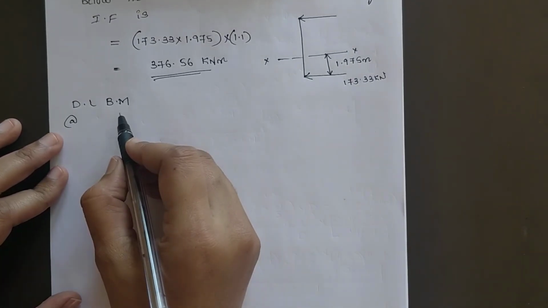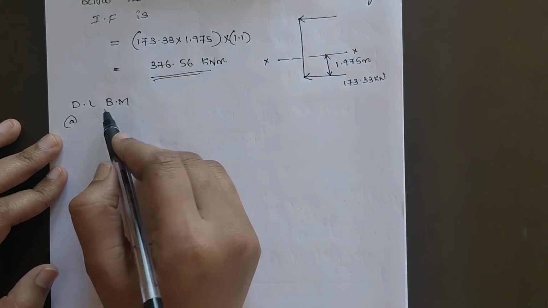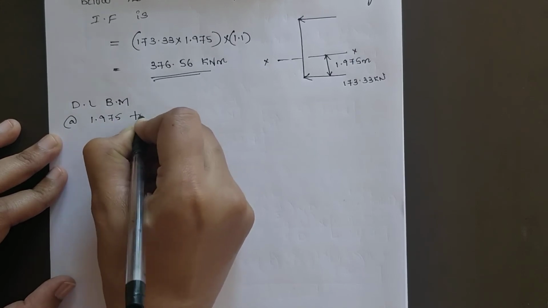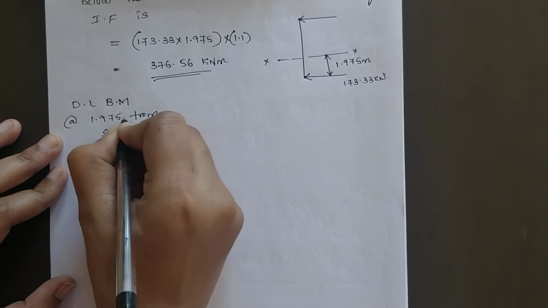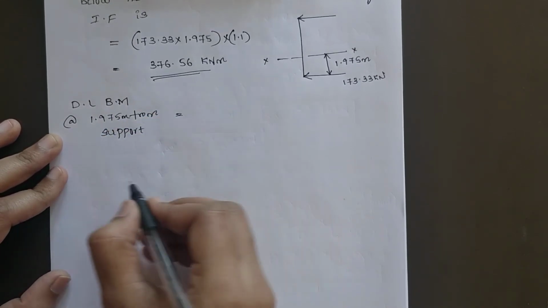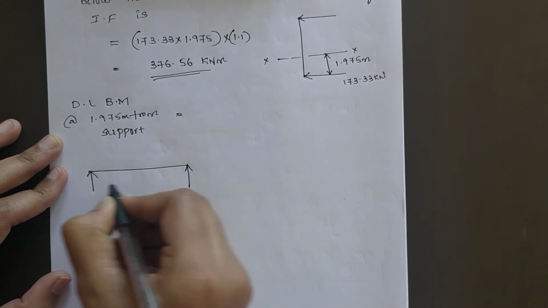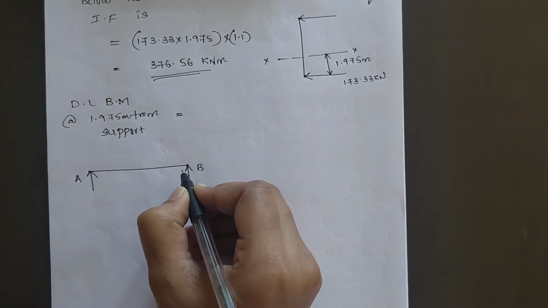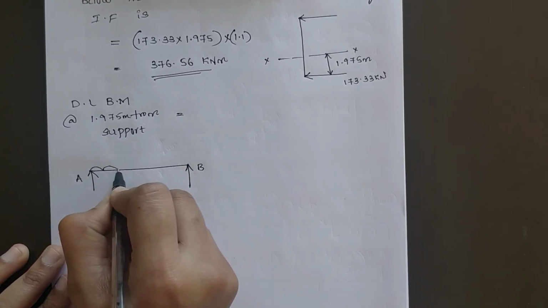Dead load bending moment will be maximum at the location where the live load is maximum. Calculate the dead load bending moment at a distance of 1.975 from support. Observe this figure, I will write it. This is point A as well as B. While calculating dead load shear force, that load diagram I wrote, you need to consider.